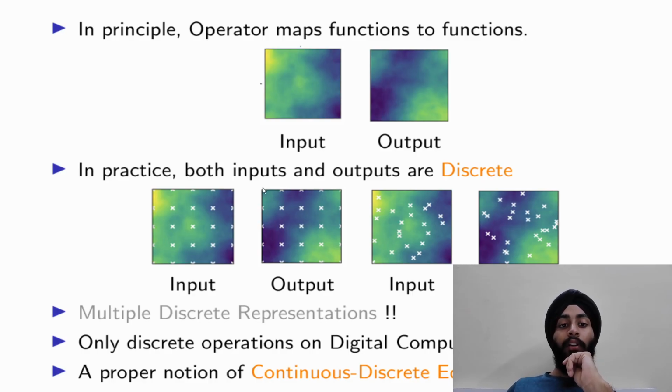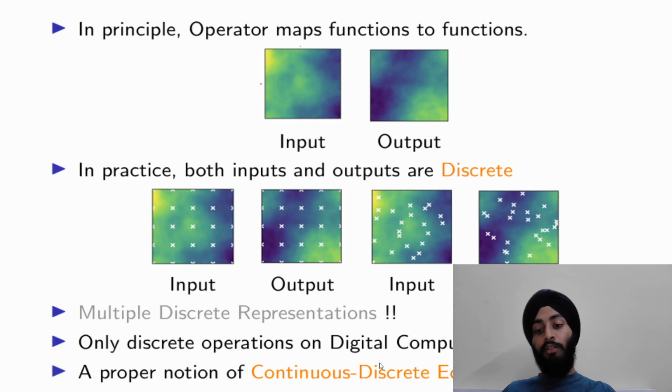It will learn how to go from this representation to this representation, but going from this input to this output is essentially the same problem. But because the discretization scheme has changed, it will not be able to accurately map to this output. So there needs to be some proper notion of continuous to discrete equivalence that we need to somehow instill in our model.